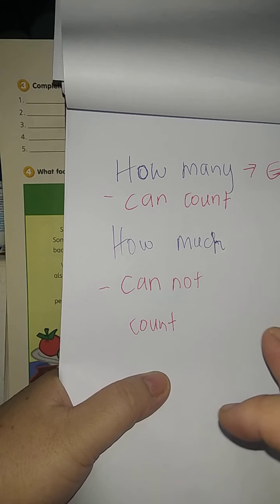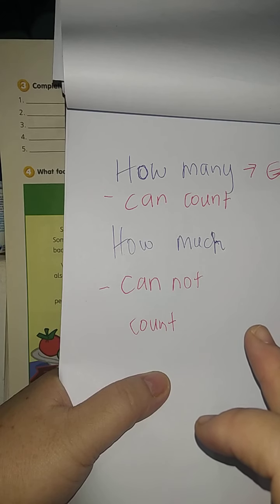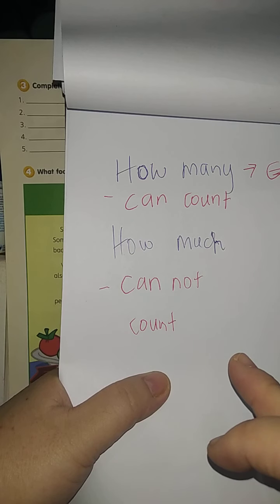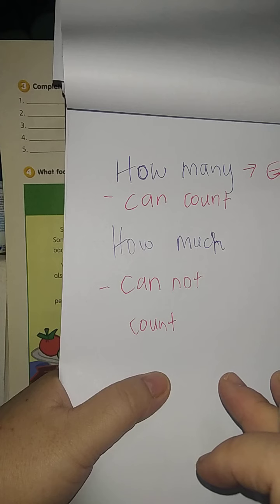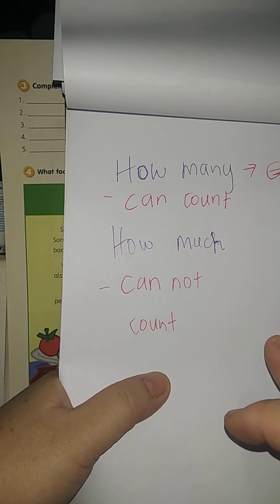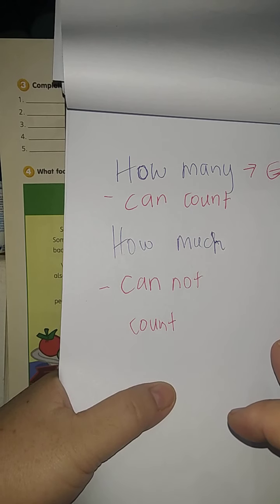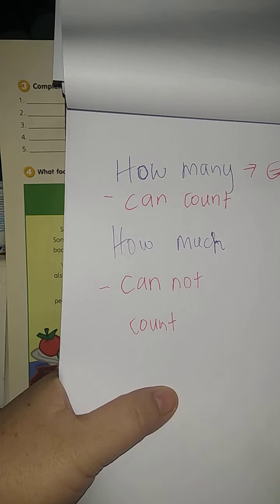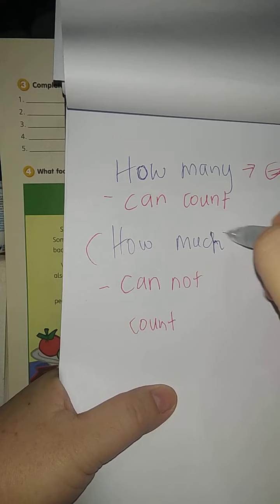How much money? You cannot touch the value. You cannot count the value of money one by one. Also, how much the people love you, you cannot count that, so you use how much.